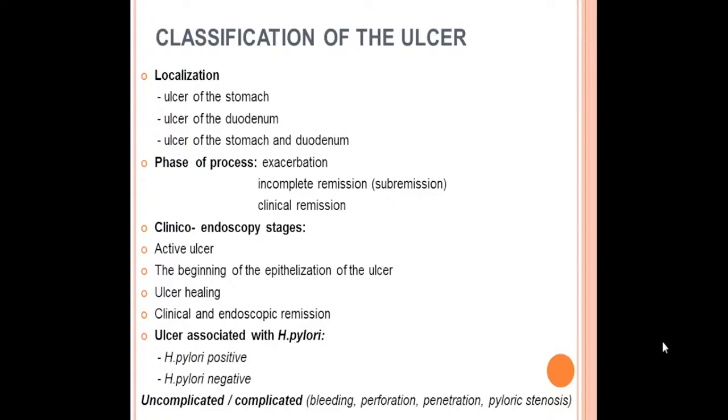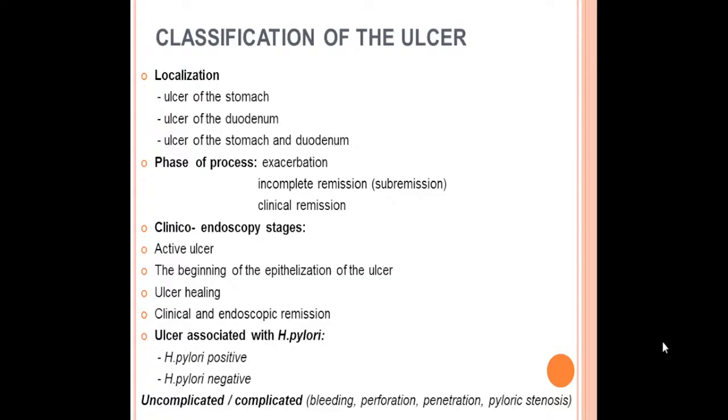Chronic diseases present with phases of the process. It may be a period or phase of exacerbation, or incomplete remission, or sub-remission, if endoscopic and laboratory tests show the pathological process but complaints decrease in this period.